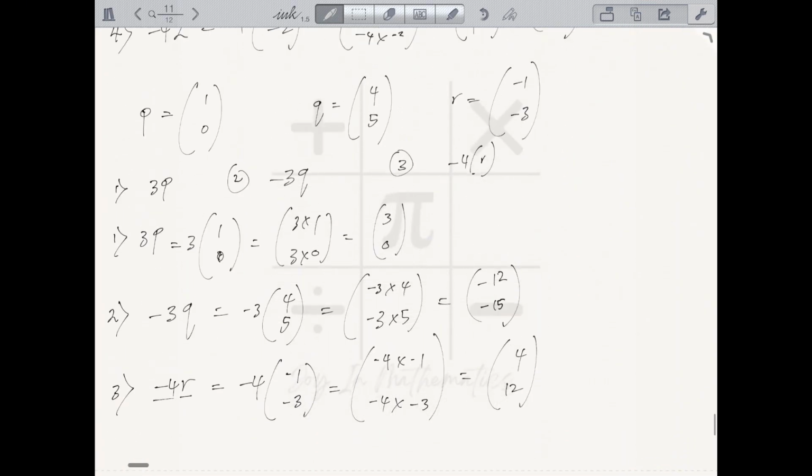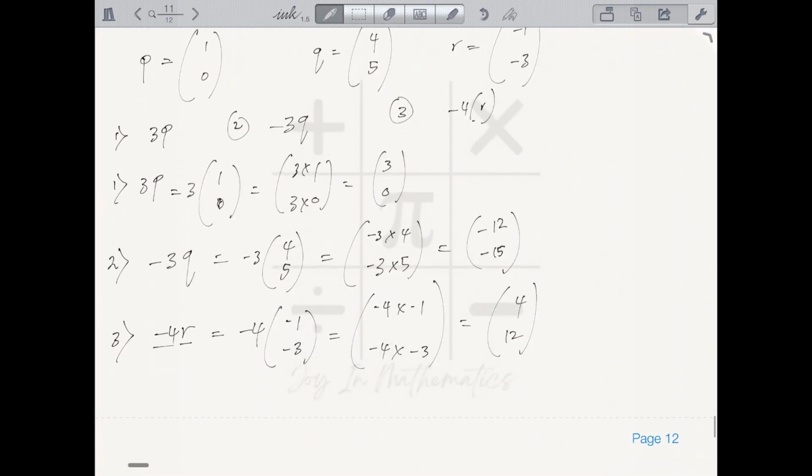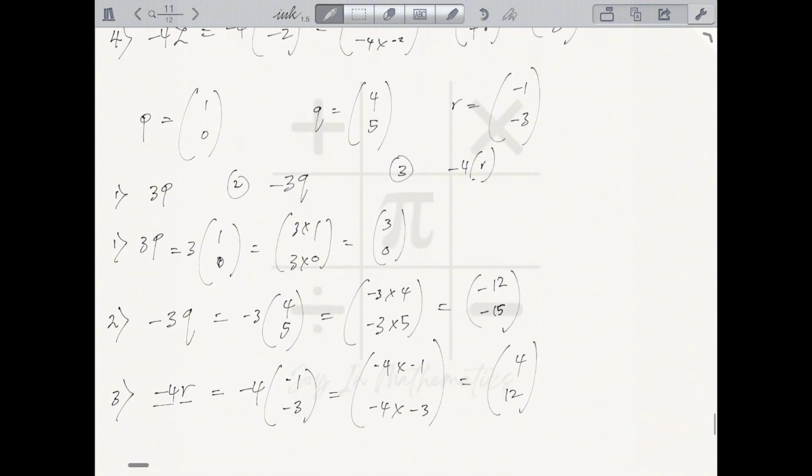In our next lesson, we will see how we can implement scalar multiplication with addition and subtraction. For instance, we may be required to evaluate 2p plus q. We can also be asked to evaluate 3q minus r, or question 3, 2p minus 3q plus 6r.